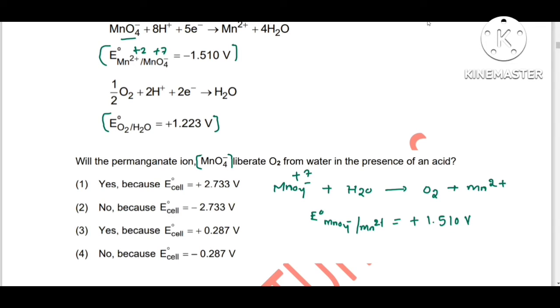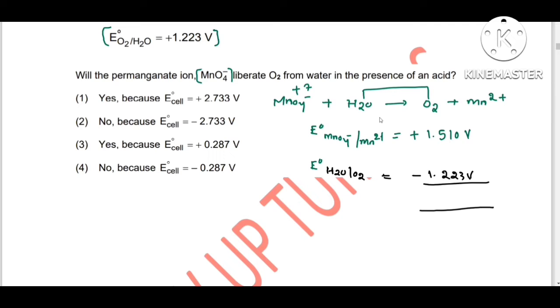The next E0 value is oxygen to water, but here it is water to oxygen. The E0 value is also reversed. The E0 value for water to oxygen is also reversed, minus 1.223 volt. By solving this, we get the answer 0.287.